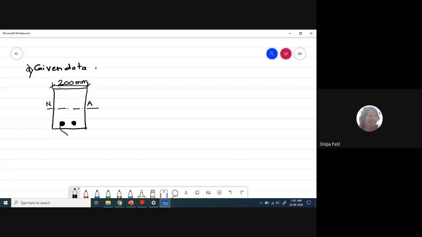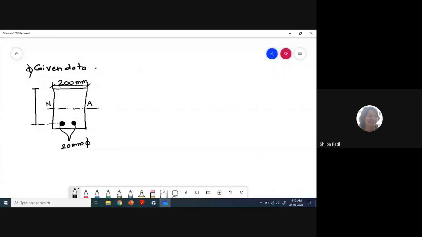Now I can show the effective depth here, which will be up to the center line of the bars. What is the value of effective depth? 400 mm.